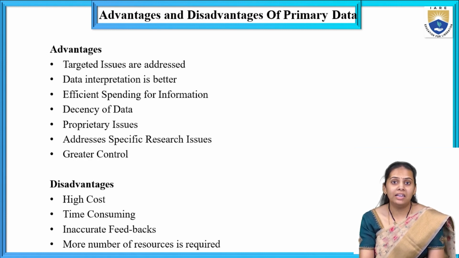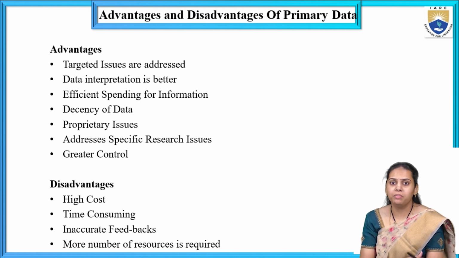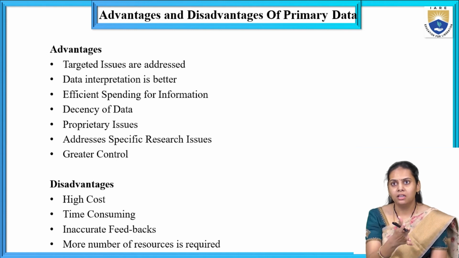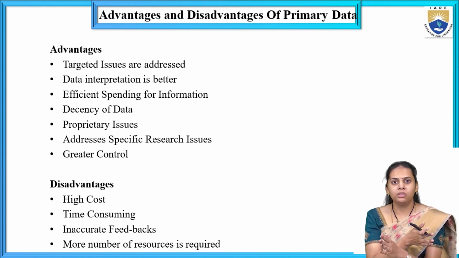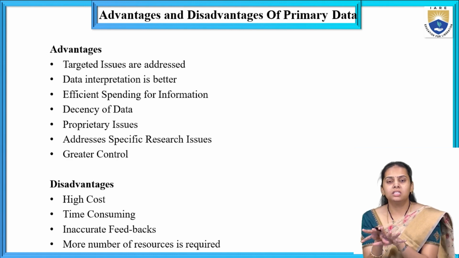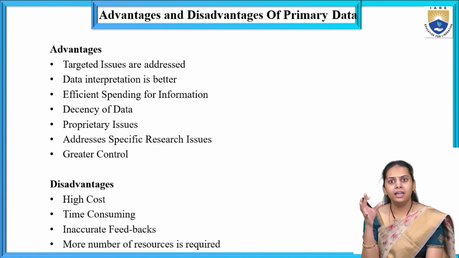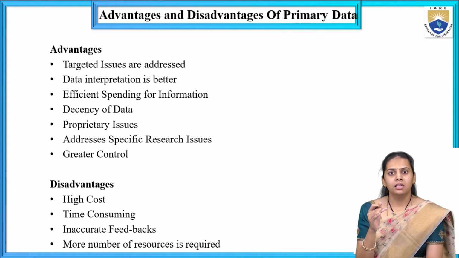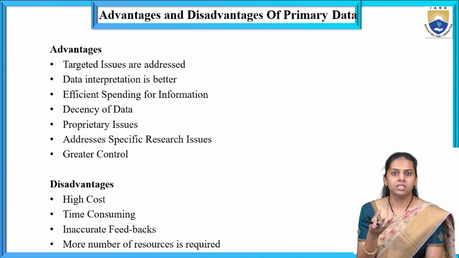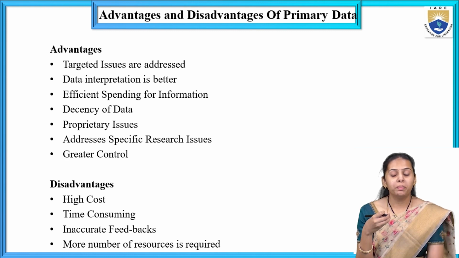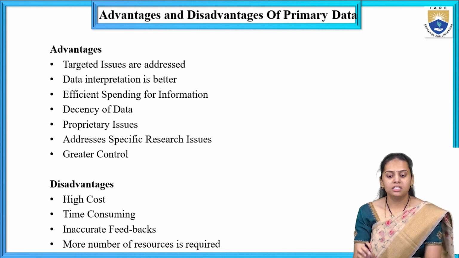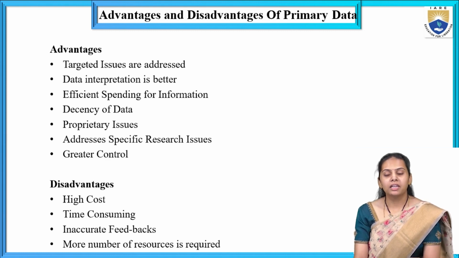And what are the advantages and disadvantages of primary data? In primary data, we go with qualitative data primary research and quantitative data primary research. But what are the real advantages here? Targeted issues are addressed. Data interpretation is better, with efficient spending for information, and it addresses specific research issues with greater control.